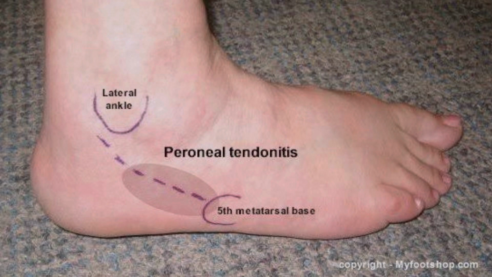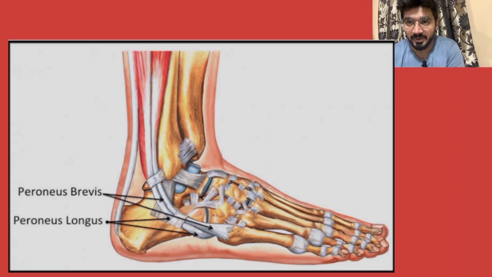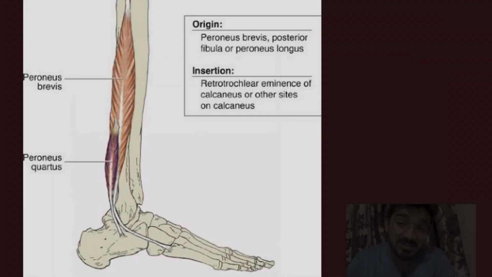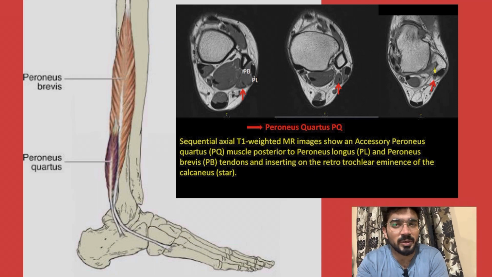So let's start. The first thing: the peroneal tendons are located on the lateral aspect of the ankle. Second, there are two tendons, the longus and the brevis. Accessory muscles, the quartus or quintus, are also there, but in rare cases. We have to focus on the longus and the brevis.